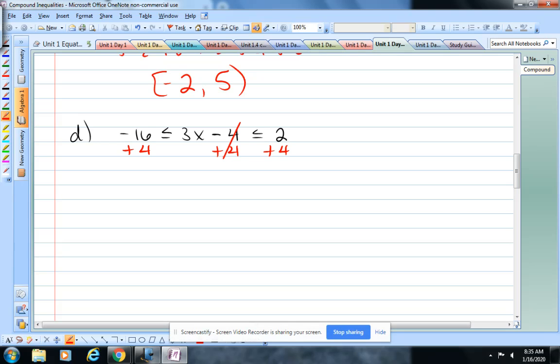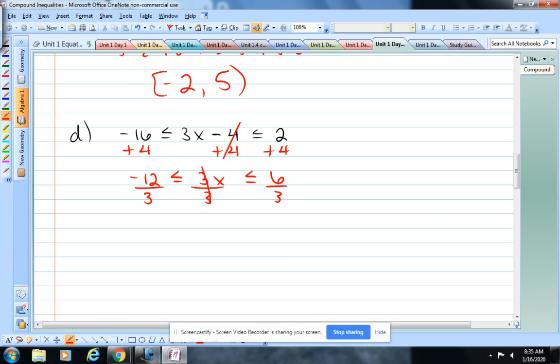So what is negative 16 plus 4? Is less than or equal to 3x. Is less than or equal to what number? 6. Y'all with me now? Now how do we get x by itself? Divide it all by 3. Do it on all three sides. Do we flip?